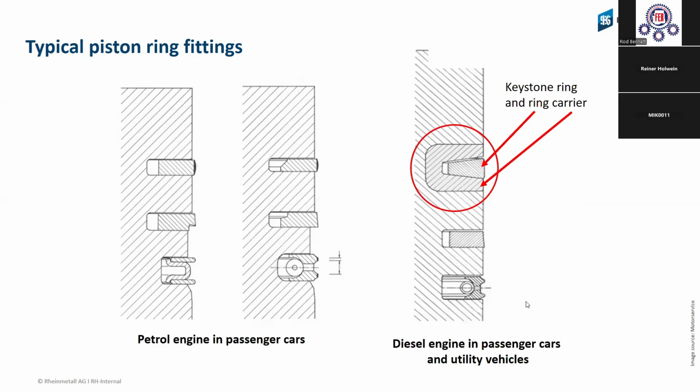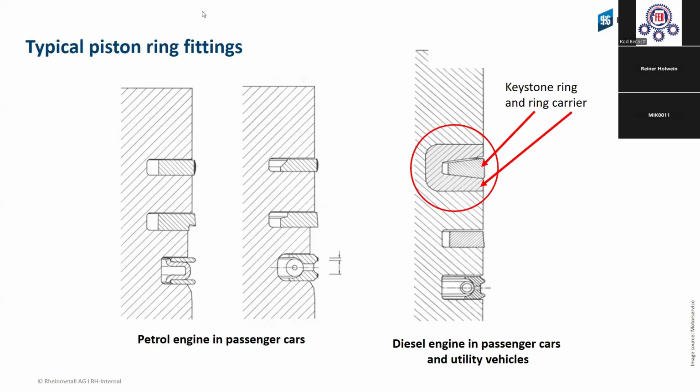But this is not the last information for you. In the passenger car, or in the petrol car, sorry, in the petrol car, we will also have a ring carrier inside. And in some cases, you will also find a ring carrier and a keystone ring, because the newer applications of the petrol engine, passenger car with direct injection system, also have a particle filter inside.